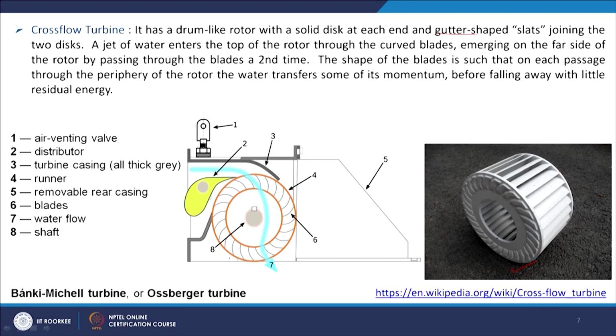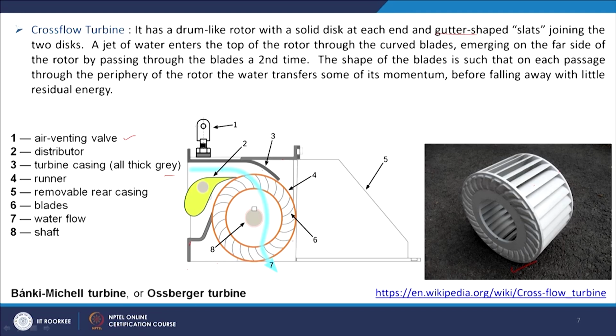Here we see the different parts of this turbine. Here the air venting valve is shown, then the distributor, and 3 is the turbine casing. All these grey parts are the casing of the turbine, and 4 is our runner.